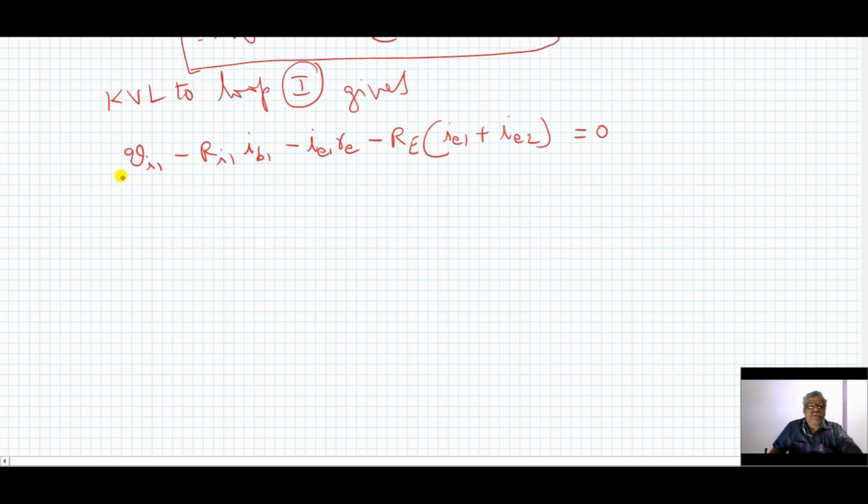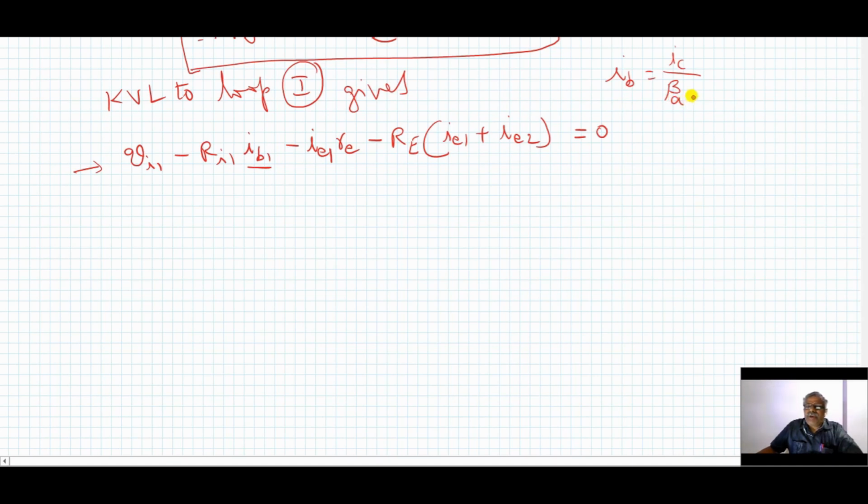So the loop equation for the first loop can be obtained like this: VI1 minus RI1 IB1 minus IE1 re minus capital RE into IE1 plus IE2. And here, what is IB1? We know earlier that IB is equal to IC by beta. For DC analysis, we have taken beta DC, but here we are now performing AC analysis.